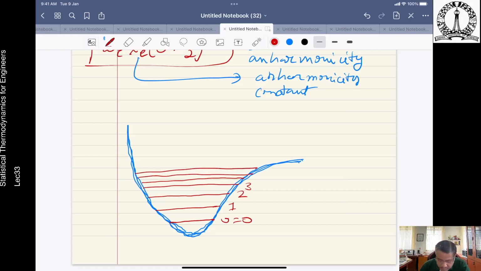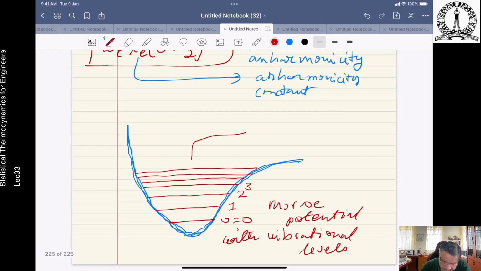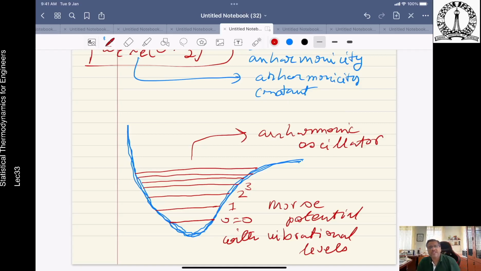So this is the Morse potential with vibrational levels. Okay, and all this is for an anharmonic oscillator.